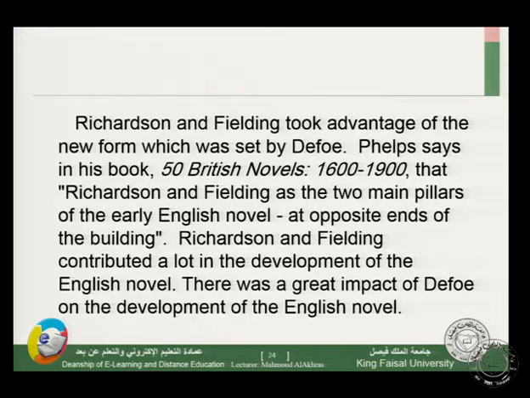Richardson and Fielding contributed a lot to the development of the English novel. So we can see the impact of Defoe on these great novelists. There was a great impact of Defoe on the development of the English novel.